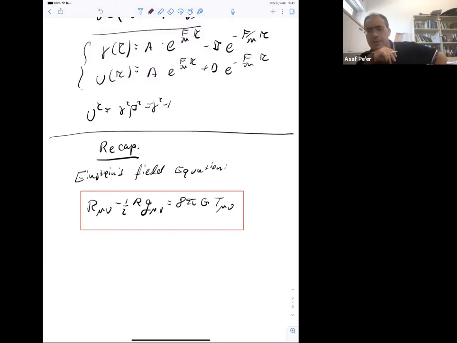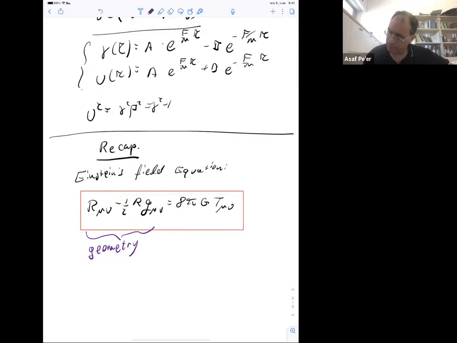which we obtain by the Riemann tensor, which by itself is obtained by the metric, the inverse of the metric, the derivative of the metric, which is the affine connection, and the derivative of the affine connection. This is the geometrical part. On the right-hand side, we have the matter contents, right?